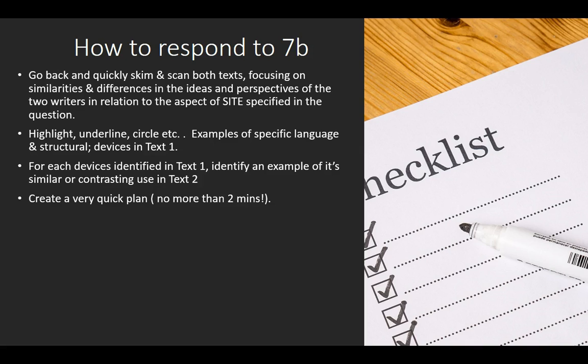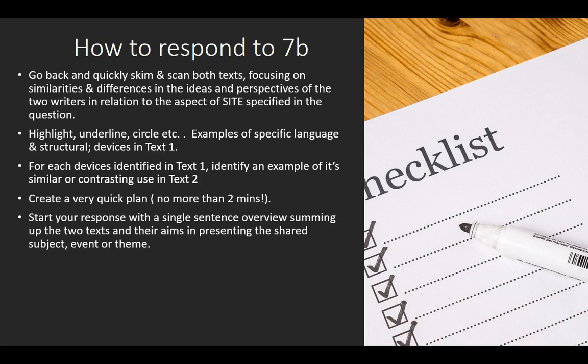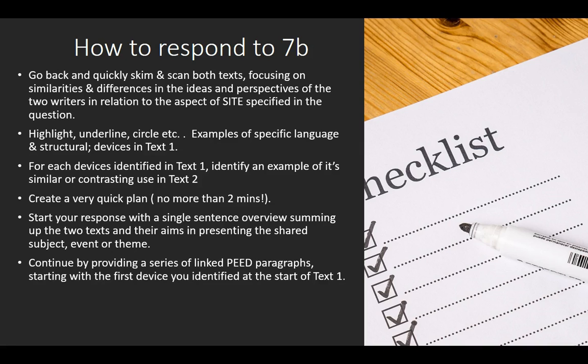You do need to cover similarities of language and structure, so it would be advisable to have maybe 2 language features and 2 structural features that you write about. When you start your response, try and start it with a single sentence overview that sums up the 2 texts, their aims, and the way they're presenting whatever aspect of sight has been specified in the question.